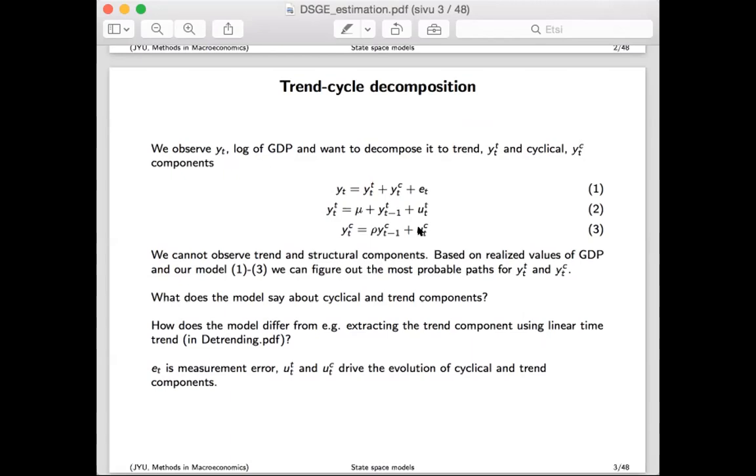There weren't any unobserved variables in that approach. This was in the previous lecture note. But now the cyclical and trend components are unobserved variables, but we measure them having this log of GDP observed.